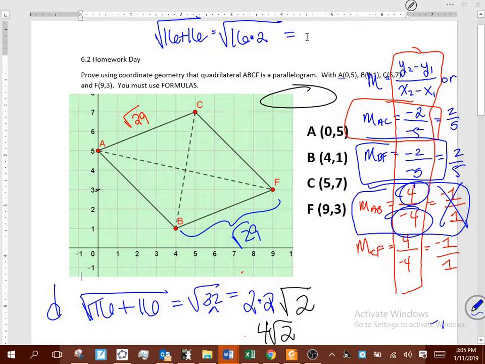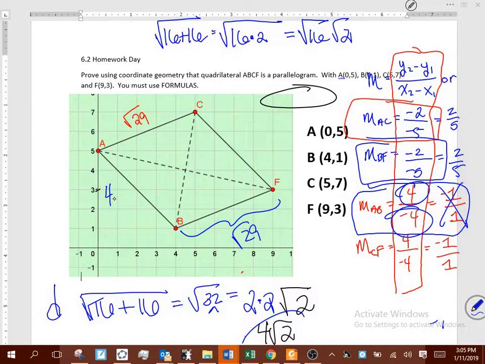Now I'm going to explain later why we can do this. But we can break that up into its own. When you have a radical of products, you can break it up into a product of radicals. Okay? So what's radical 16? 4, and then radical 2 is just radical 2, right? So there we get it.